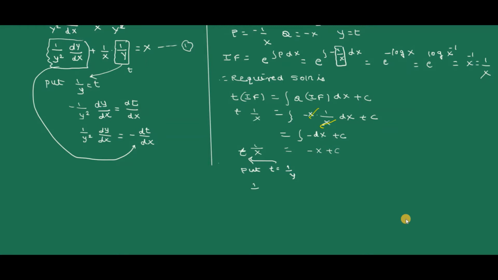So that is 1 divided by y into 1 by x is equal to minus x plus c, or 1 by xy plus x is equal to c, or we can also write it as 1 plus x square y is equal to cxy. You have to take LCM in the left hand side and transpose to the right hand side. So this is the required solution.